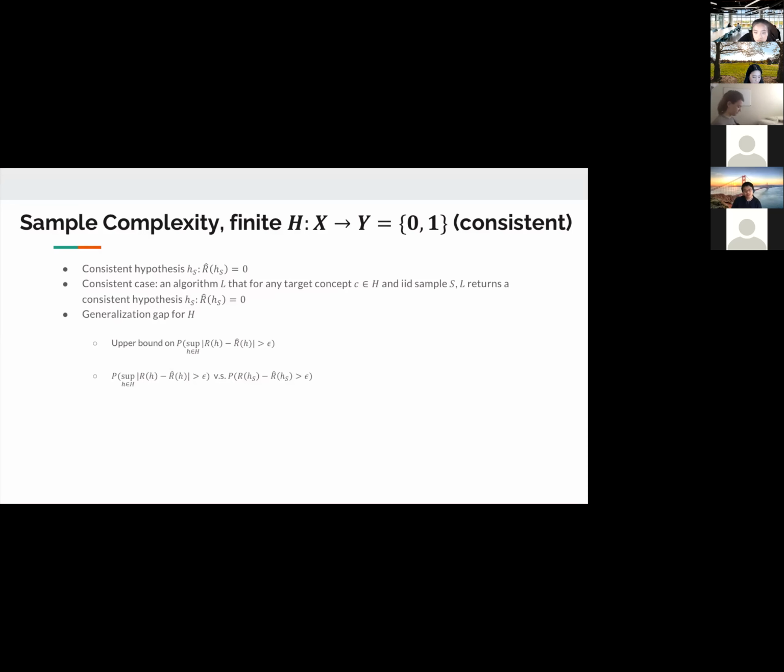So the sample complexity for a finite H, so your hypothesis set has only a finite number of hypotheses. And the hypothesis, for simplicity, is also a mapping from the input space to the label space, and in this case, still 0s and 1s. And it's consistent. So what do I mean by consistent?